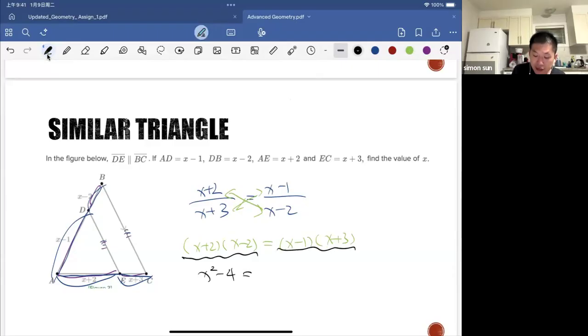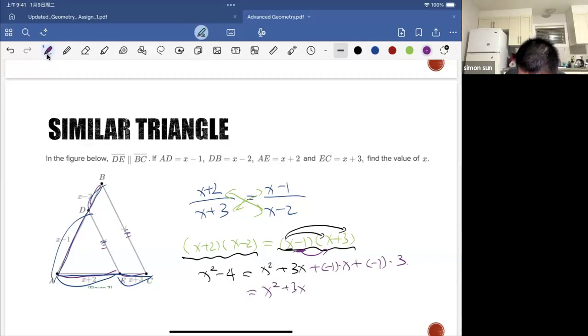For the right side, you use the first term times x plus the first term times 3, and then the second term times x and the second term times 3. So it's x squared plus 3x minus x minus 3, which equals x squared plus 2x minus 3.